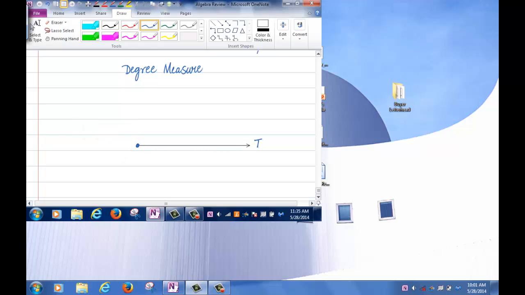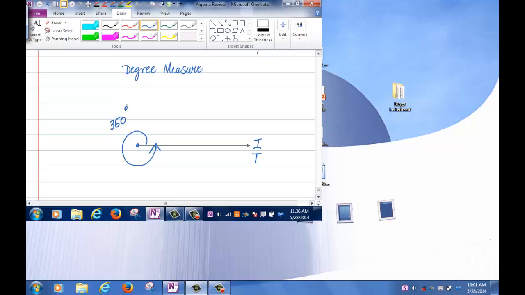This is the initial side. So let's say you revolve your terminal side one complete revolution, and then you're going to come back to the initial side, right? So your terminal side and the initial side are now at the same place. So the measure of this angle is 360, and this symbol is used to say degrees.